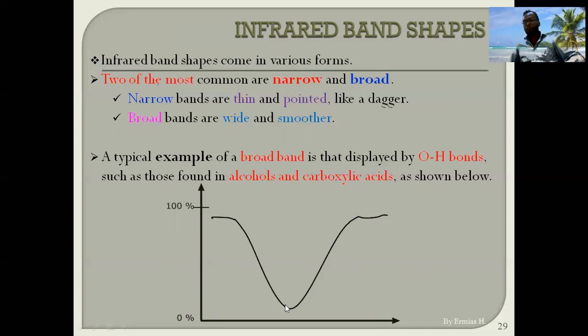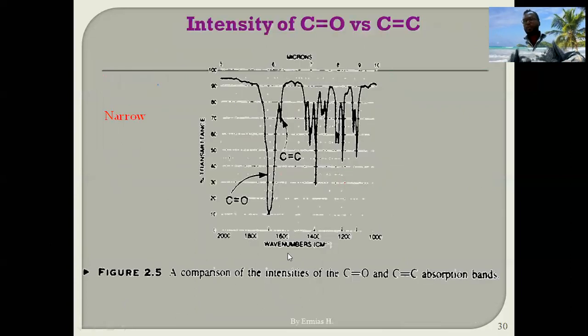This type of spectrum is produced especially when the OH functional group exists in pharmaceutical active ingredients, or in carboxylic acids, because in carboxylic acids there is an OH functional group. So it produces a broad band like this one. The other one is the narrow band, which looks like this. This type of band is produced for carbon double bond oxygen, which exists around this frequency. So this is the narrow band, and those are the broad bands.